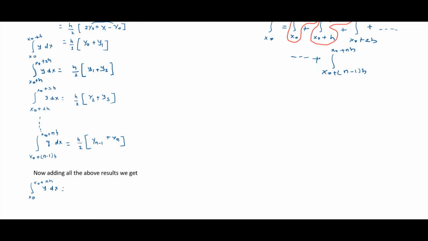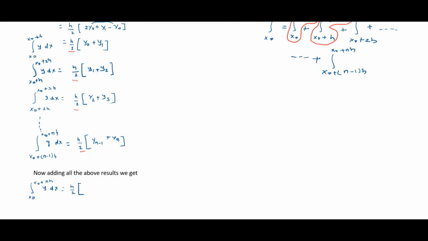If you add all the right hand side terms, you can see h divided by 2 is common. So you can write h divided by 2 as common into bracket.